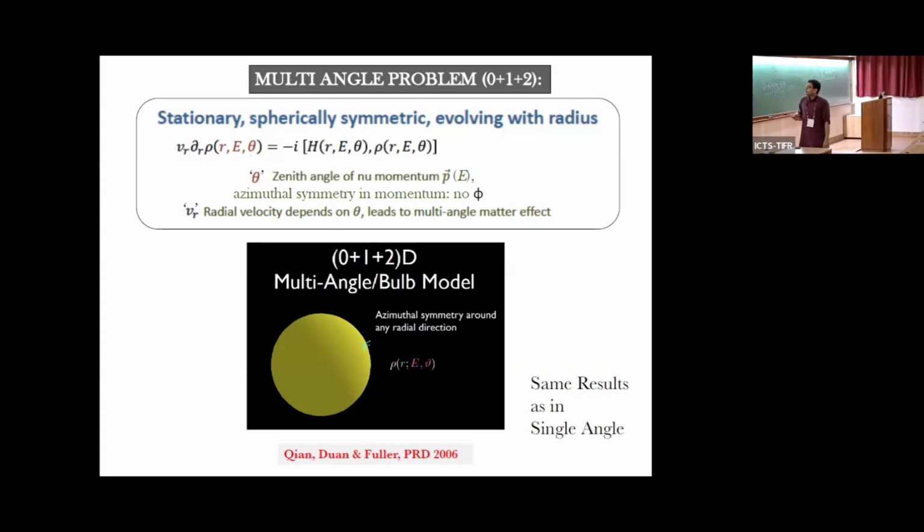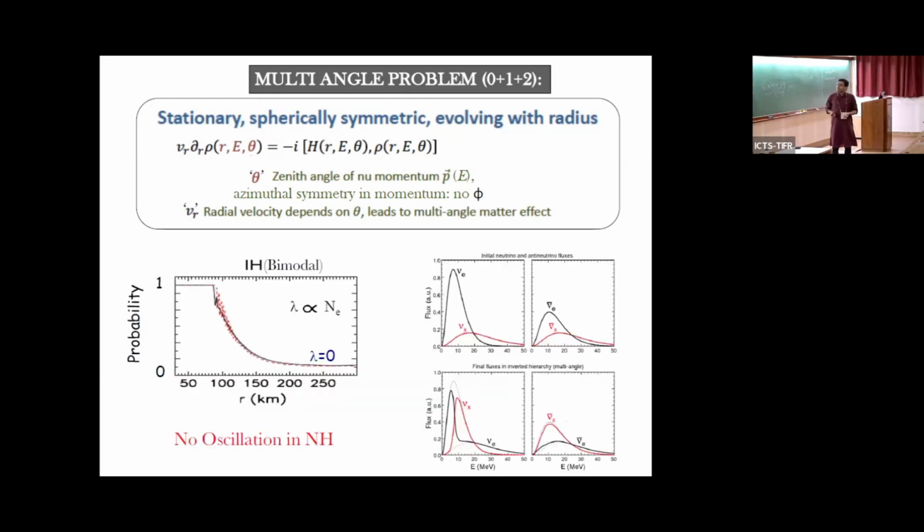But to everyone's surprise, the results remained very similar to what happened in the single angle. See, physicists are not bad at doing approximation. So people said, okay, the multi-angle model gives the same result as single angle, and we used to write that. It was a great relief, so that I don't have to run the multi-angle model, I can do phenomenology with the single angle. So we used to do that.